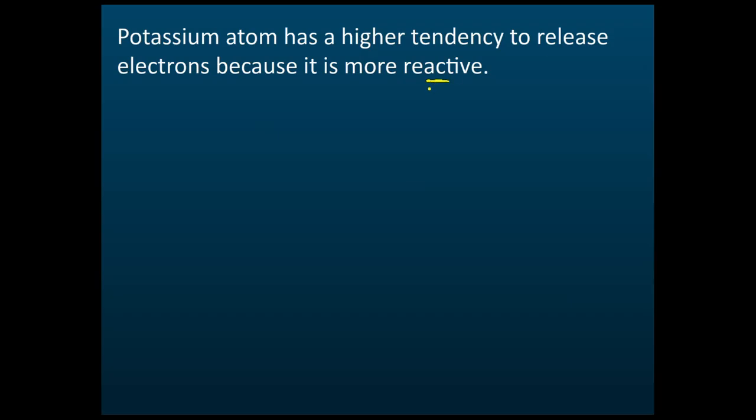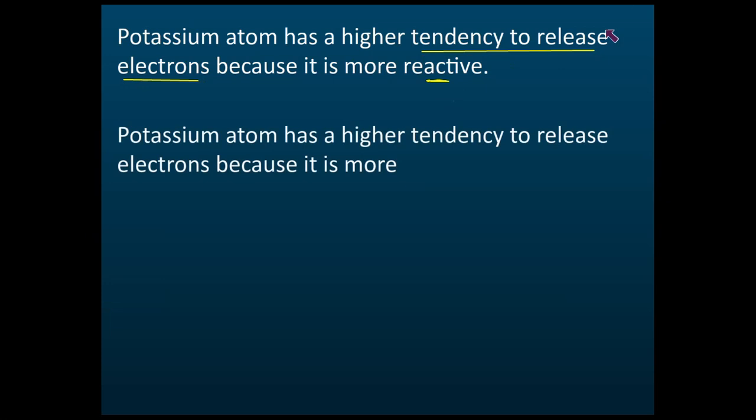That's correct, because the tendency to release electrons is related to electropositivity, not reactivity. So potassium atom has a higher tendency to release electrons because it is more electropositive, but not more reactive.